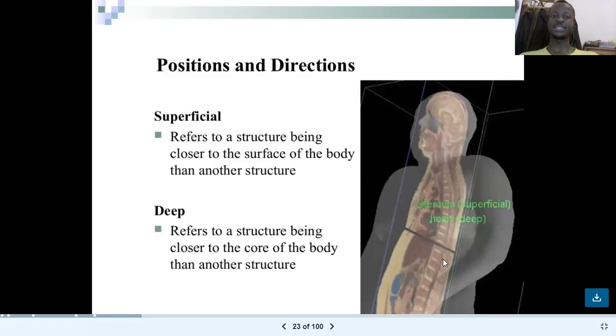Positions and directions. There's what we refer to as being superficial, right? If a structure is superficial, it's actually closer to the surface of the body in relation to another structure. That we would then say is deep. For example, in the forearm, you come across two muscles.